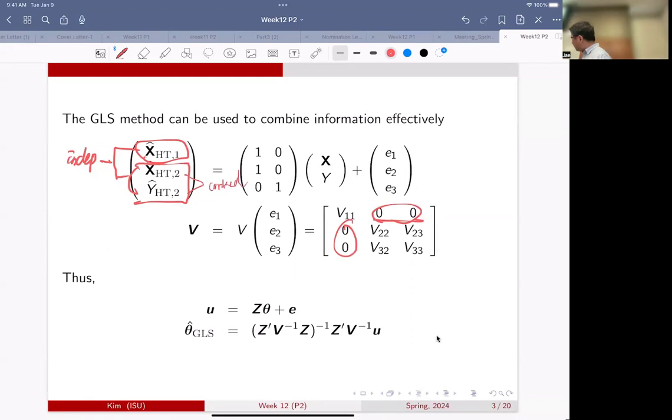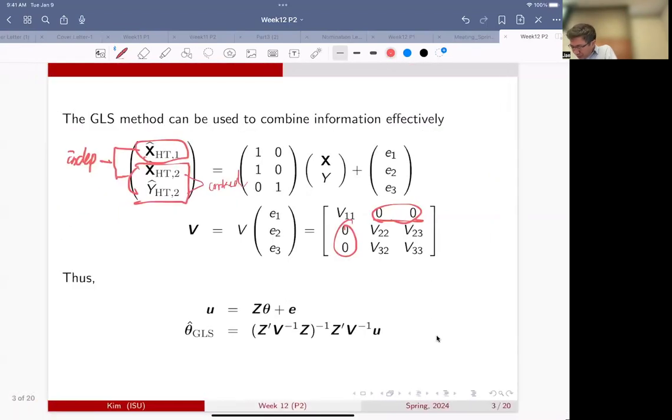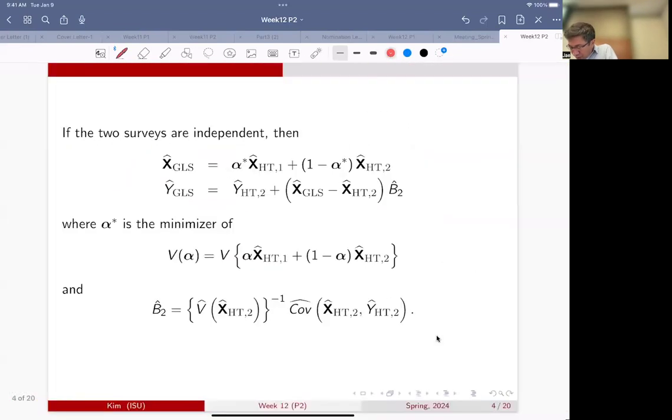So this is a typical GLS linear model problem. We covered that already before. The interesting part, okay, so that's no problem. So if you do that, then you actually obtain a GLS estimator.